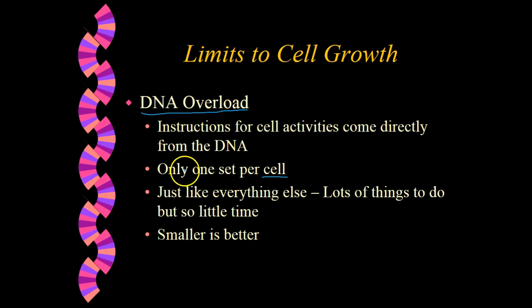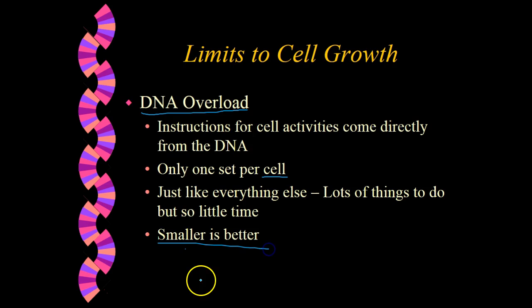And so every single cell in your body contains the same set of DNA. It just depends on which genes are turned on and which genes are turned off. We're going to talk about genetics later, but just as a precursor to Chapter 12, certain cells have certain genes turned on and certain genes turned off.